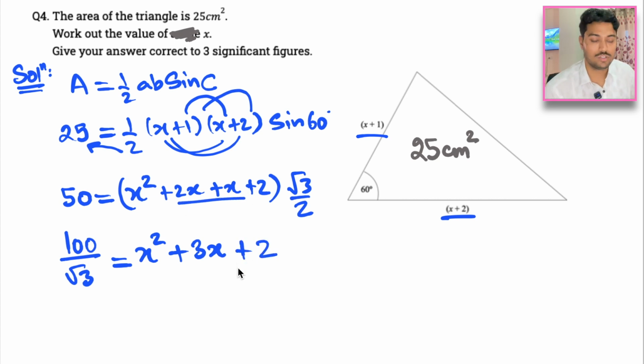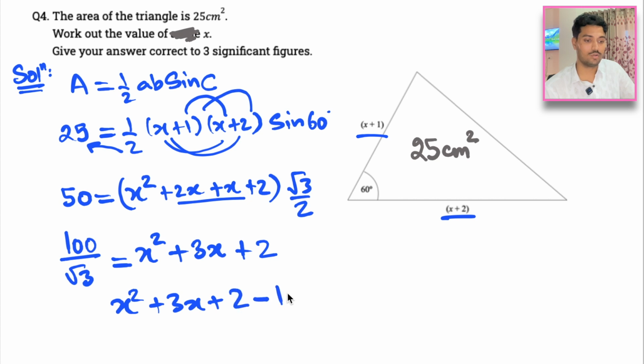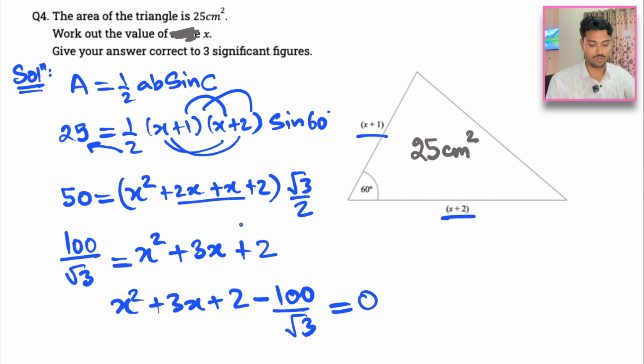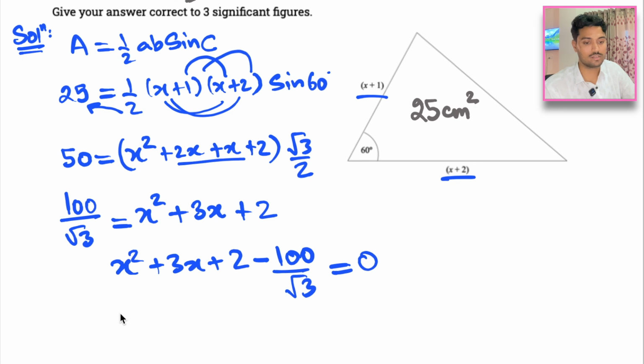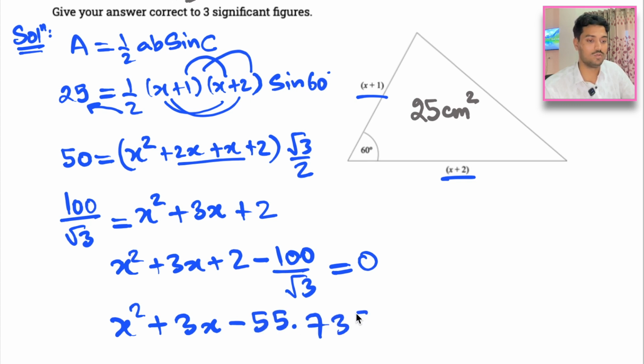Let's rearrange this and write it as x square plus 3x plus 2 minus 100 upon root 3 equals 0. 2 minus 100 upon root 3 gives minus 55.735. So this can be written as x square plus 3x minus 55.735 equals 0.